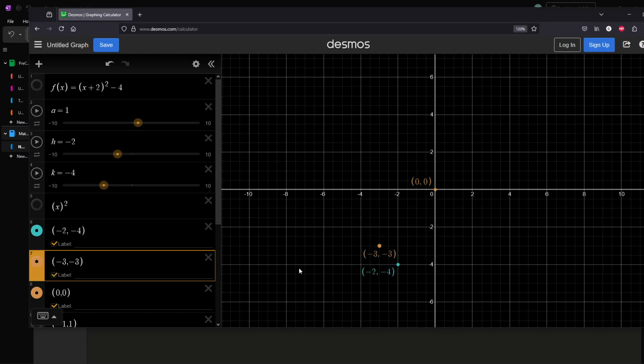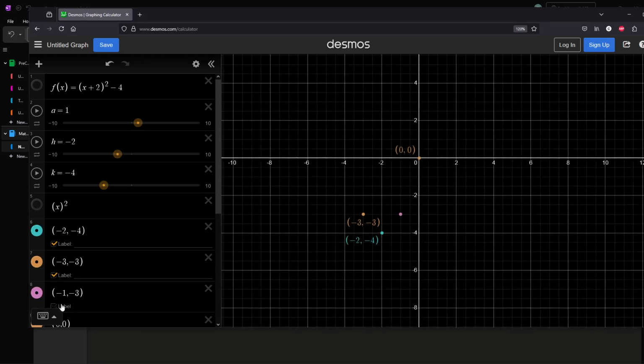So that should be a point on my graph. If I go to the right one, so I go to negative 1, I should also increase by 1. So I have my 3 points right here. Let's see if my curve from these 3 points ends up being my graph right here. It does. That's how we graph quadratics.